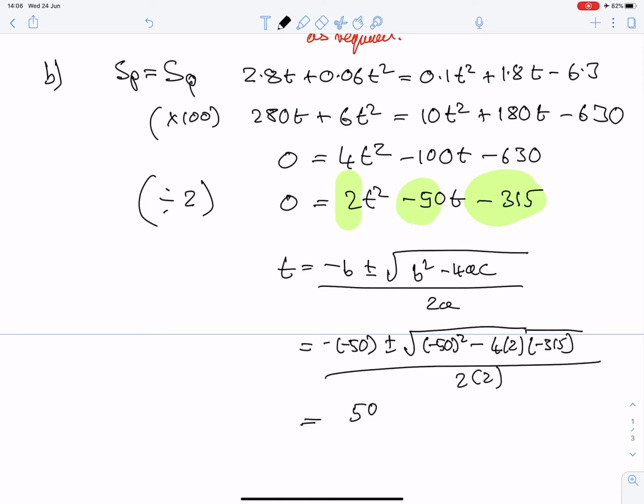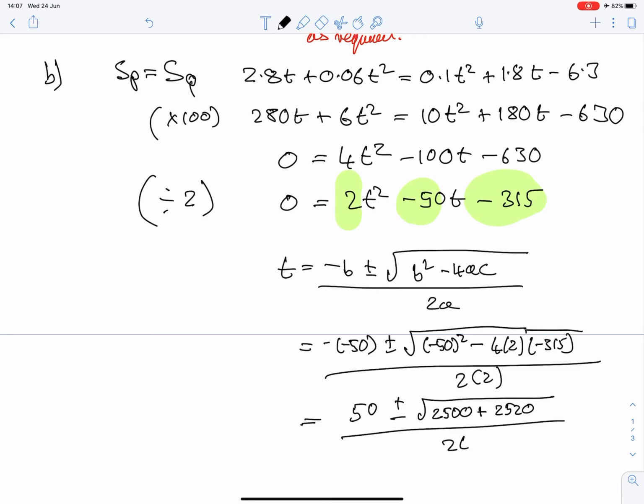So we get 50 plus or minus the square root of quite a big number, 2500 plus 8 times 315 is 2,520, I think.